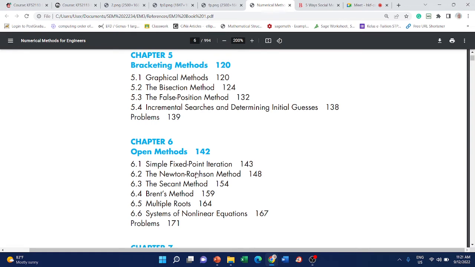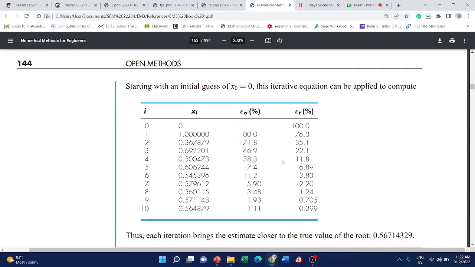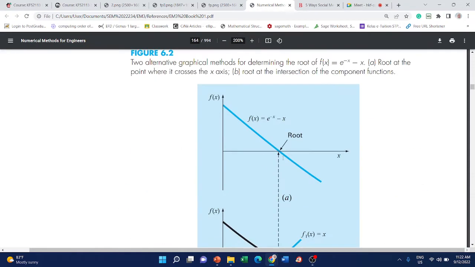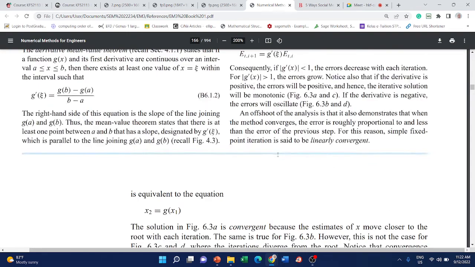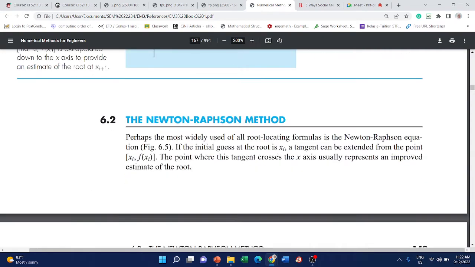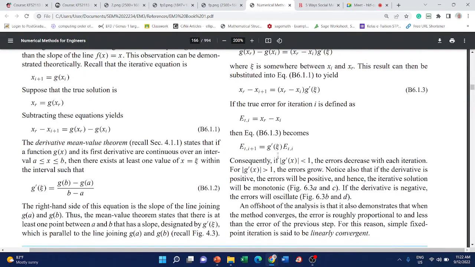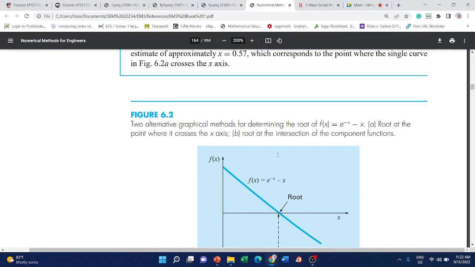So we want to see the simple fixed point iteration.